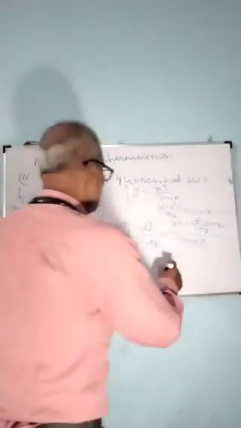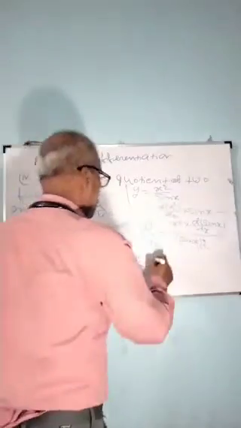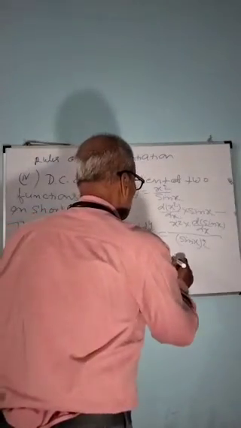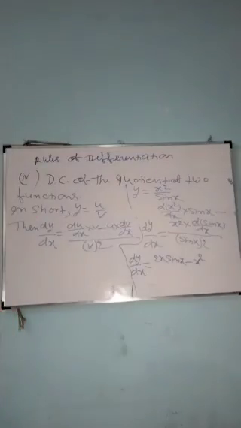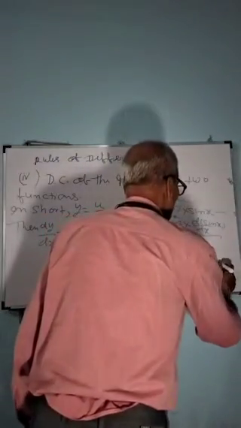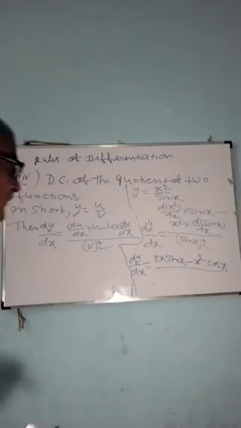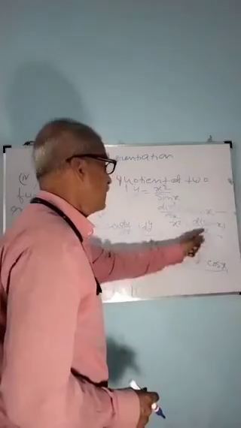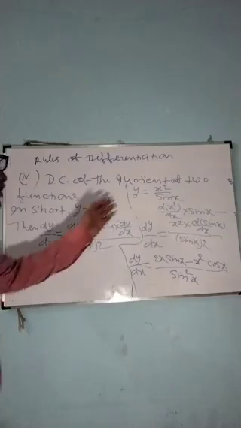And this is equal to 2x sin x minus x square cos x, as we know from the list of DC of standard functions that DC of sin x is cos x, by sin square x. In this way we obtain the DC of the quotient of two functions.